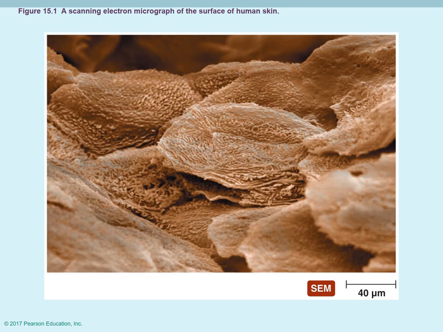This just shows a scanning electron micrograph of what the surface of human skin looks like, with those flattened squamous cells.